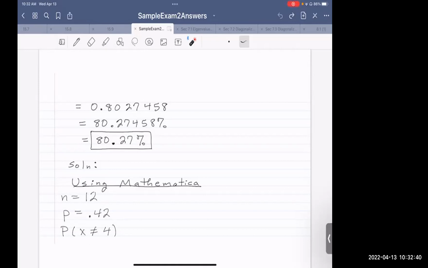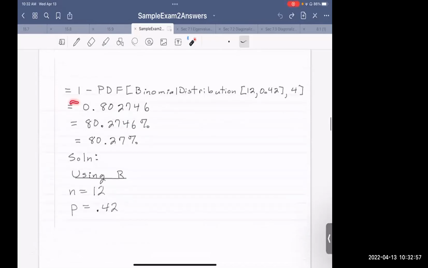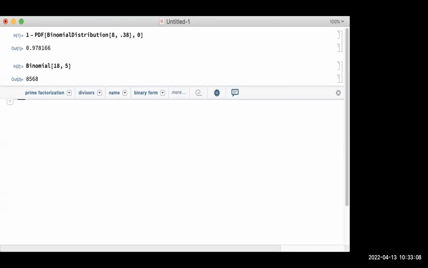We could also use Mathematica to do this. If you were using Mathematica, again, we have a binomial distribution with n equal 12, p equal 0.42. We want to determine the probability x is not equal to 4. So I will type in the command 1 minus PDF, binomial distribution, 12, comma, 0.42, comma, 4. Let me do this in Mathematica.